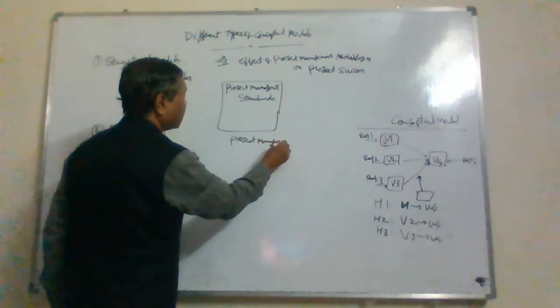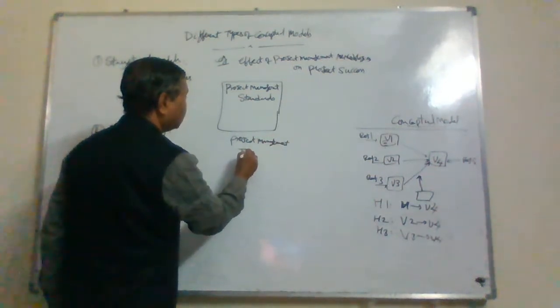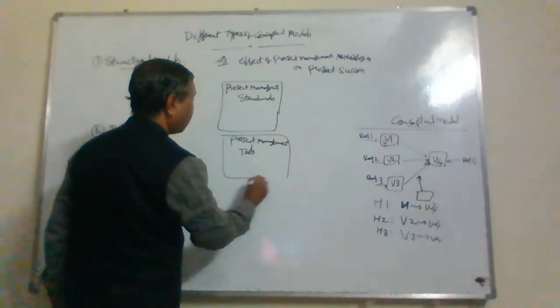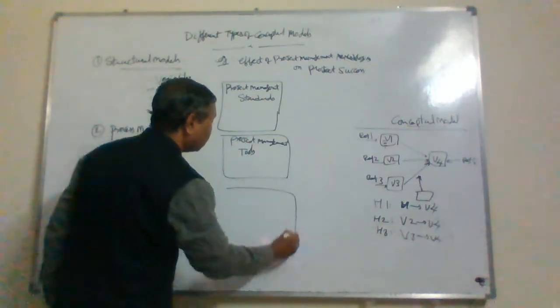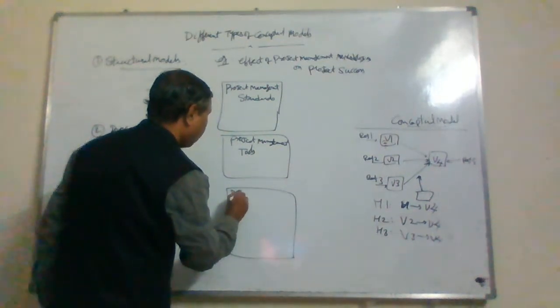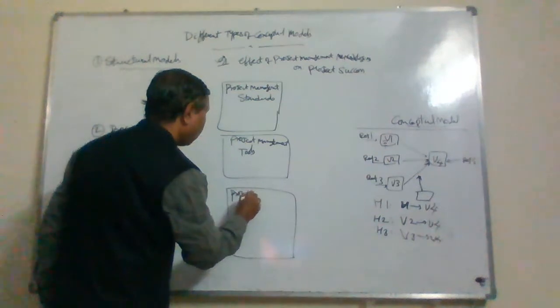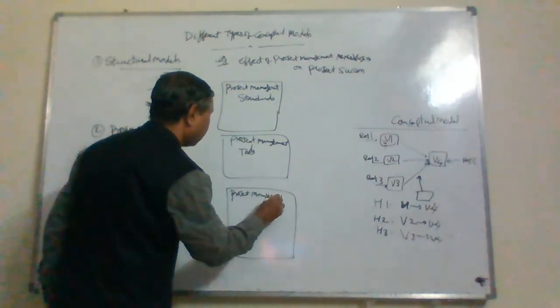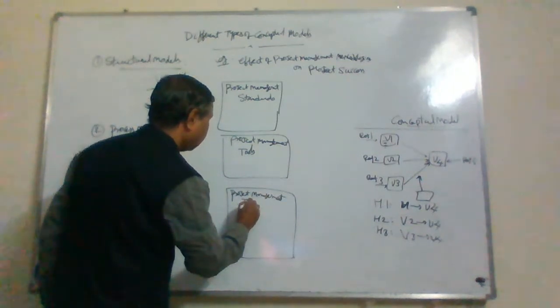This is how you draw the conceptual model. Project management tools, this is one more variable. What is the third variable? The third variable is project management techniques.